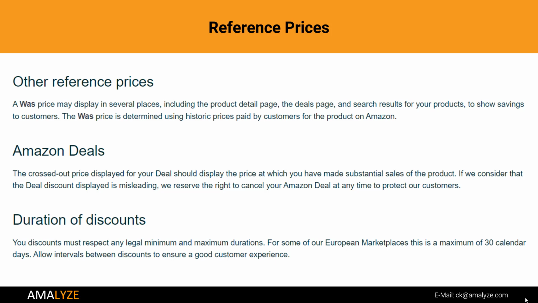And the duration of discounts is absolutely relevant, of course, because of the different laws on the European marketplaces. Your discount must respect any legal minimum and maximum durations. For some of our European marketplaces, this is a maximum of 30 calendar days. Allow intervals between discounts to ensure a good customer experience. Please make sure you keep that in mind.